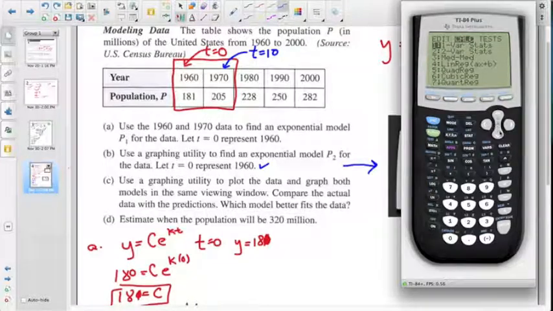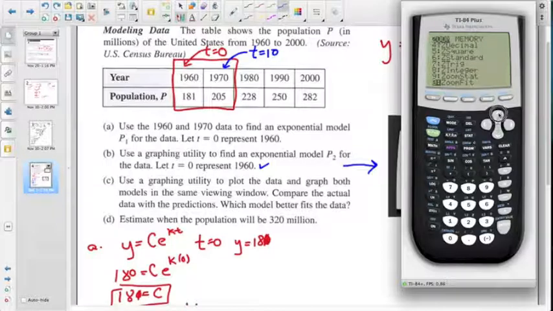We can do a regression here, and it's quite obviously not a linear regression if we would graph. We'd set up our window and turn on our stat plot. There we go. And then graph and zoom stat.